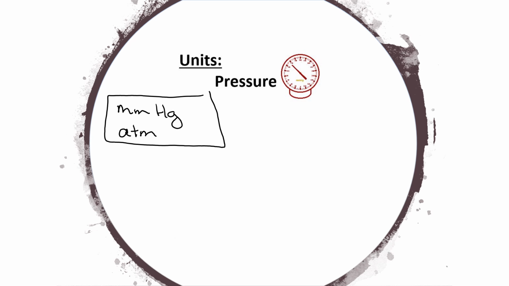We can also use pascals, and you will also see PSI. PSI may be the one you're most familiar with, pounds per square inch. That is the unit we use in our tires. Millimeters of mercury is the unit that they use when doing our blood pressure. But the 2 for our gas laws that we will use are millimeters of mercury and atmospheric pressure.